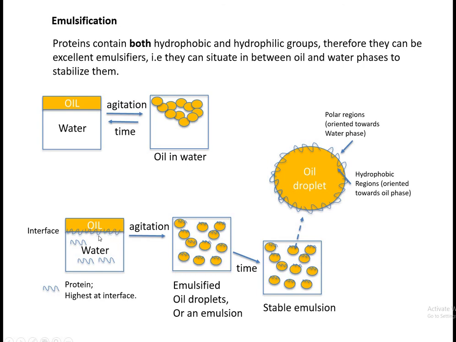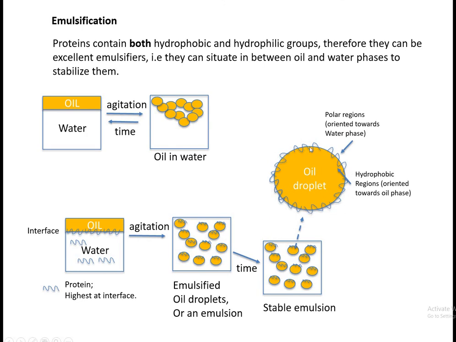The hydrophilic group will be directed towards the water phase. Give it agitation, you shake it, or you do some kind of mechanical agitation. Then the protein will start doing its emulsification work, behaving like an emulsifier. It starts to surround the oil droplets like so.